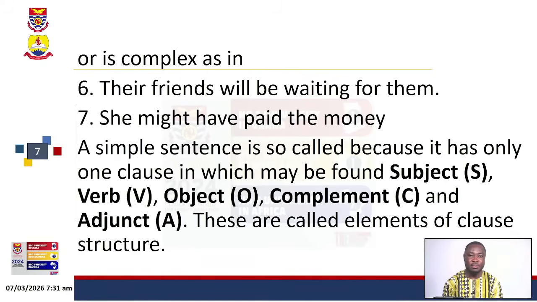These are referred to as clause elements or elements of the clause structure. So mostly you hear SVOC, SVOCA, SVO, SVC. These are structures that we observe in our sentence constructions.